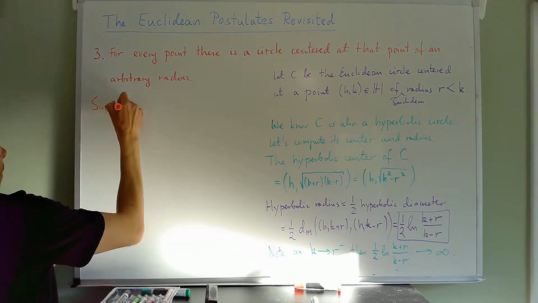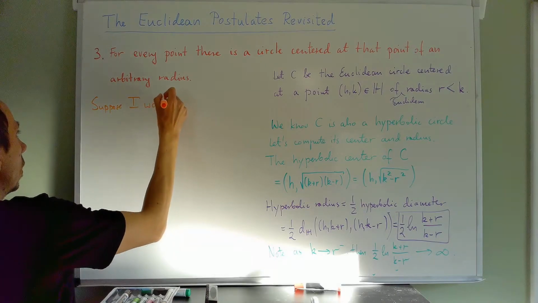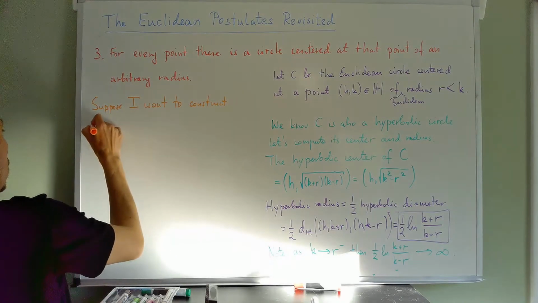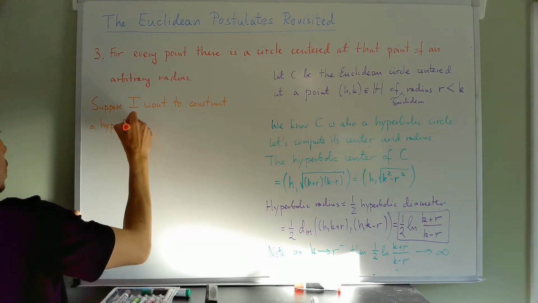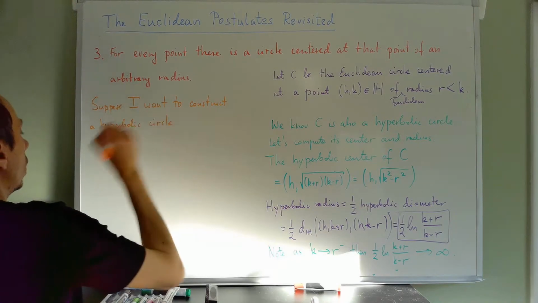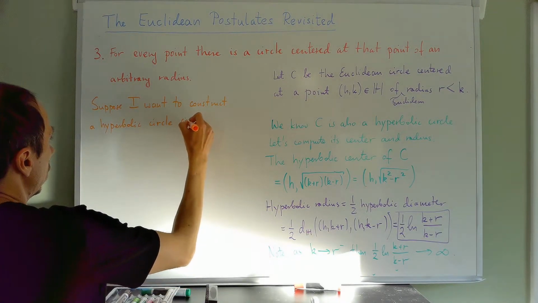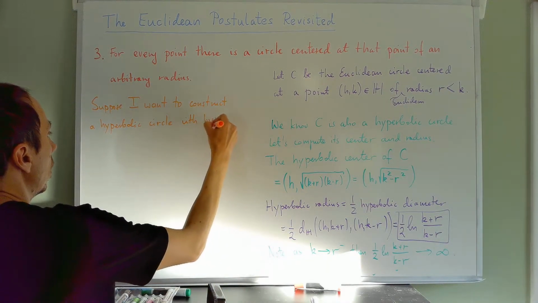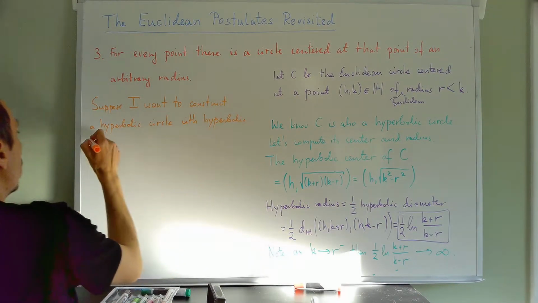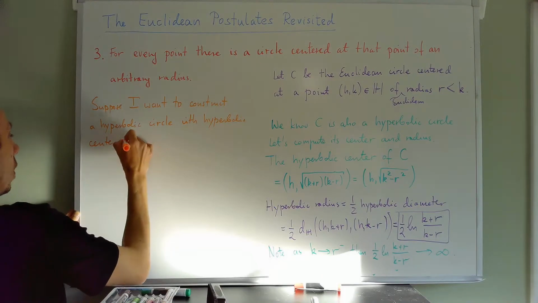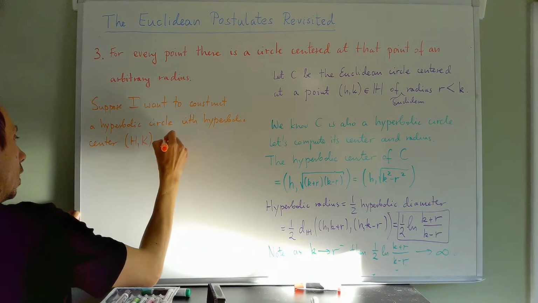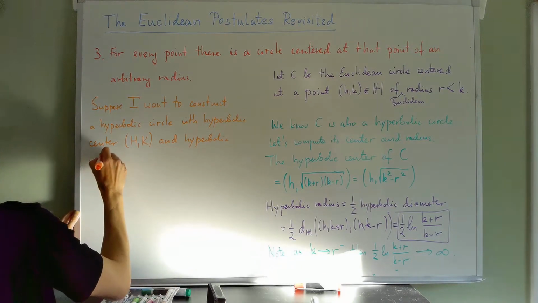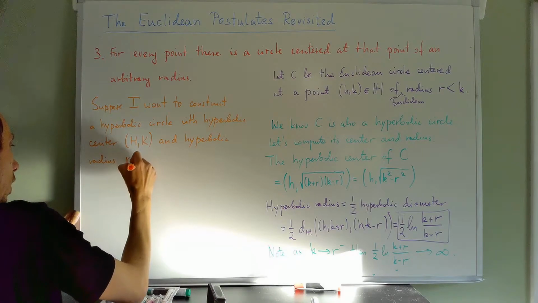Suppose I want to construct a hyperbolic circle centered with hyperbolic center (H, K) and hyperbolic radius R_H.